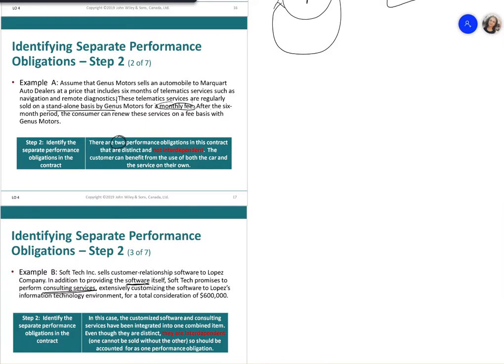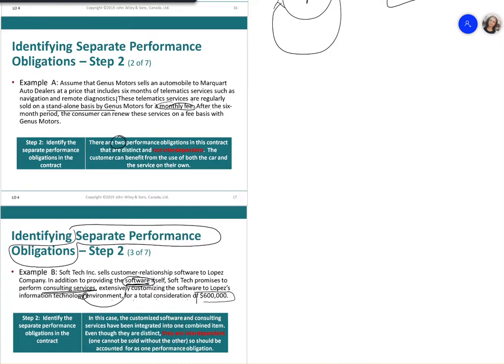They are, because you have to buy the software in order for them to provide you consulting services, because they extensively customize the software to Lopez's information technology environment for the total consideration of 600. So we wanted to know: is this a separate obligation or not? Are they interdependent or not?